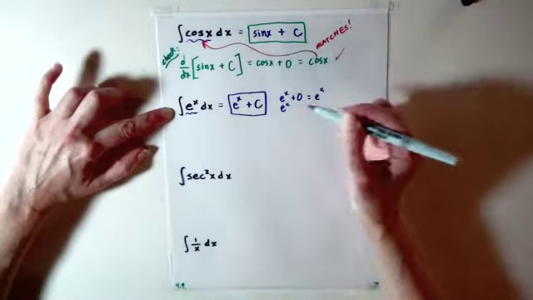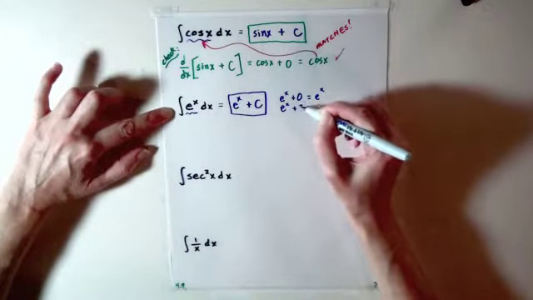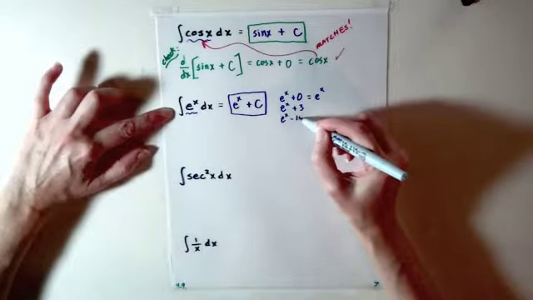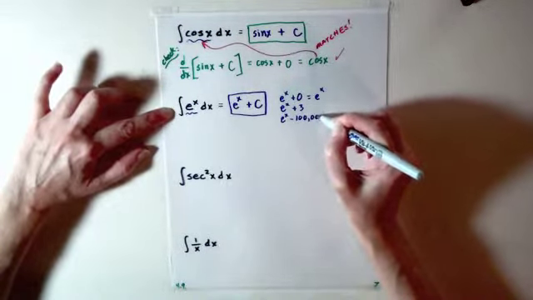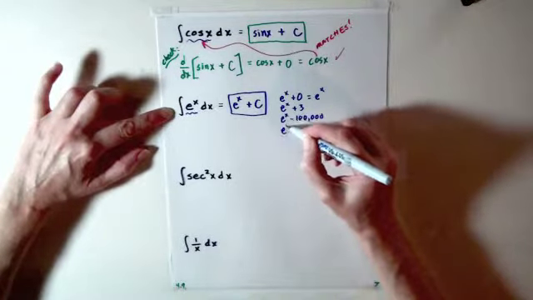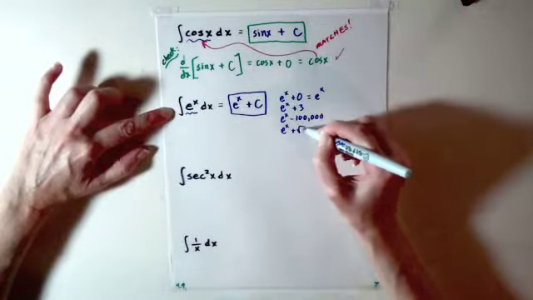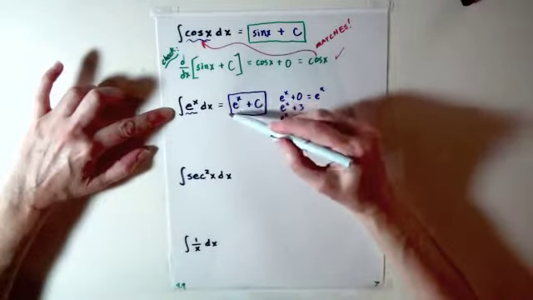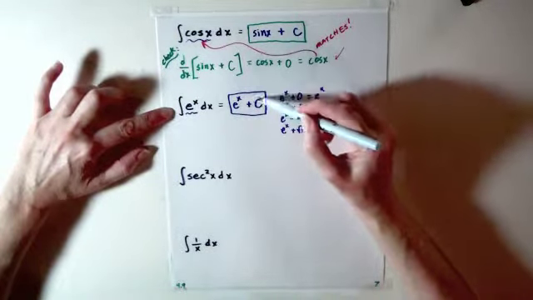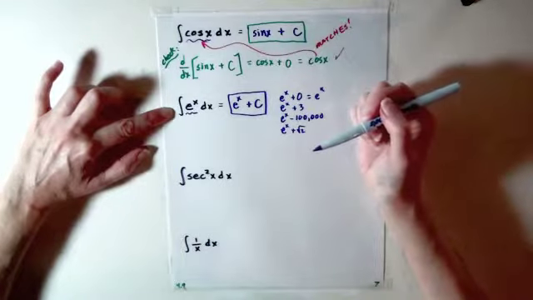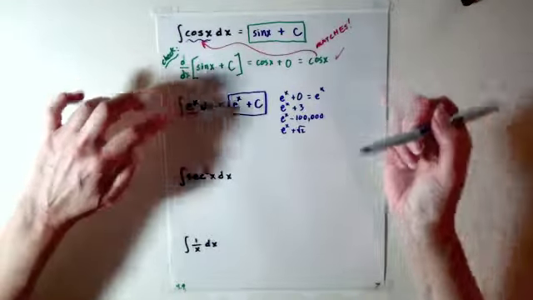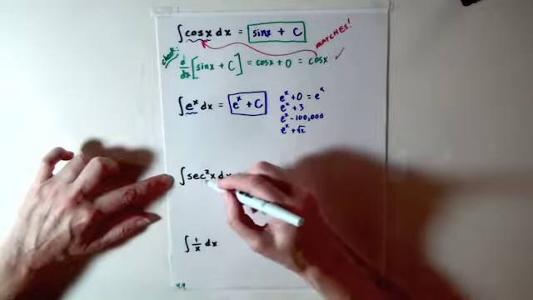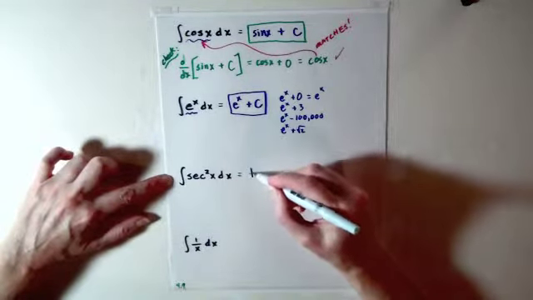But you're also saying things like e to the x plus 3 is an antiderivative. e to the x minus 100,000 is another antiderivative. e to the x plus square root of 2 is another antiderivative. You're really saying an infinite number of antiderivatives as c runs over every possible real number from minus infinity to infinity.